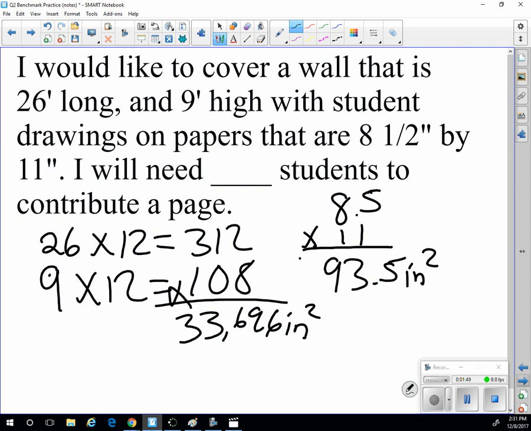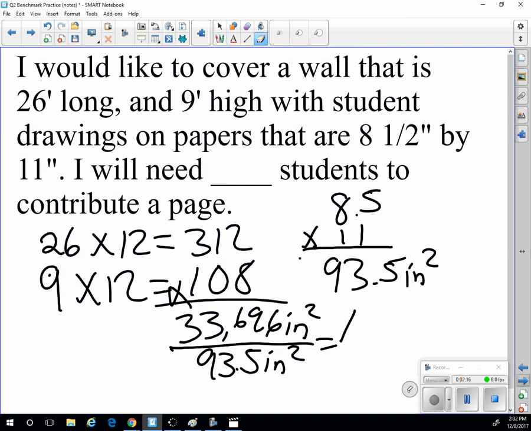So if I want to find out how many 93 square inches are in 33,000 square inches, I'll divide the 33,000 square inches by 93.5. And that will tell me how many people need to contribute. 33,696 divided by 93.5 is 360.